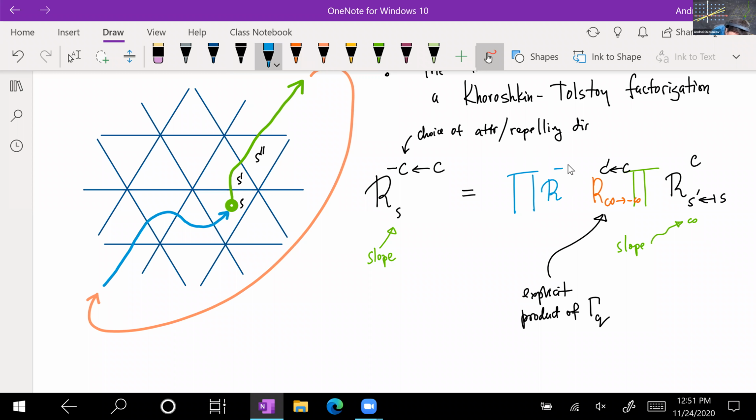Again, you change the slope, you're at the minus cone, and then you change the slope. Right? So this is the choice of this path.